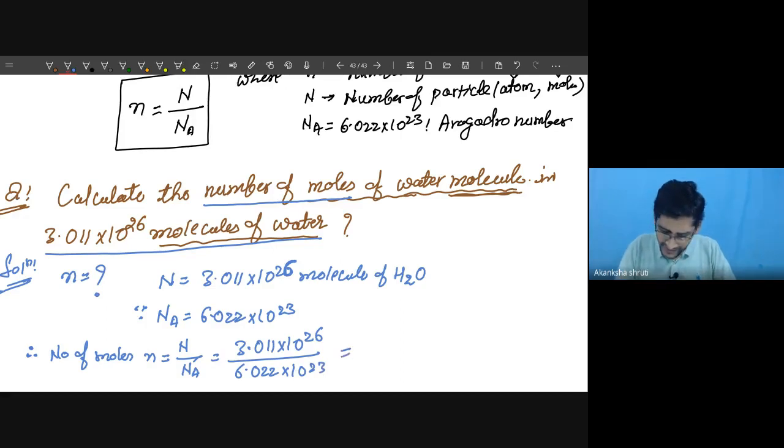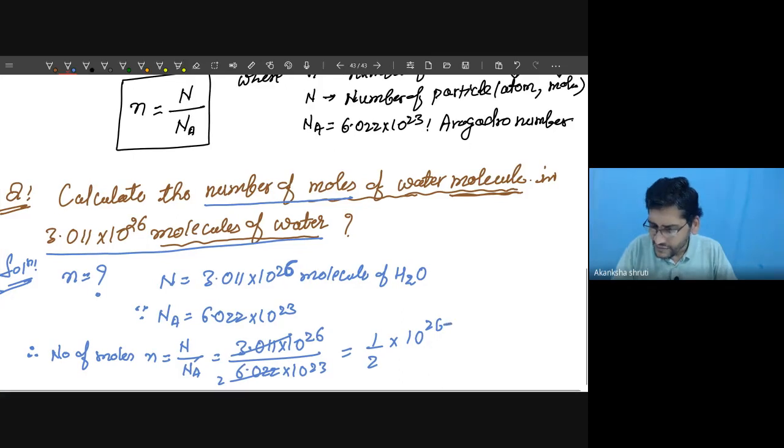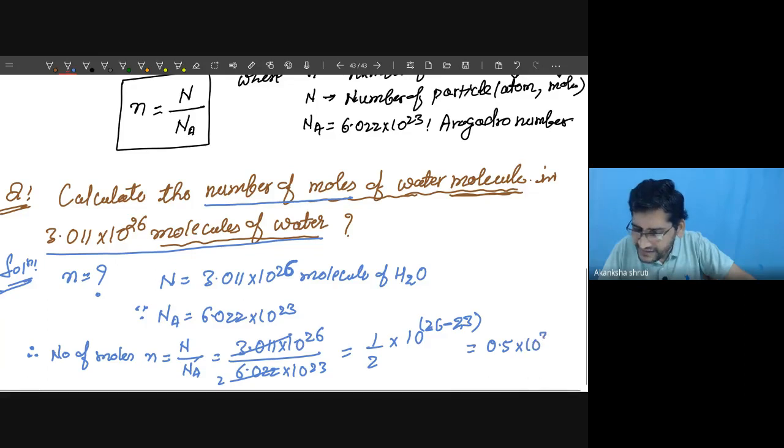Now go for cancelling the number with the number. Here we are getting 2 in the denominator, and in the numerator it is 10 to the power 26 minus 23. Using mathematics, a to the power m divided by a to the power n is given by a to the power m minus n. Now 1 by 2 can be written as 0.5. It is 10 to the power 3. Now open this 10 to the power 3. It becomes 500.